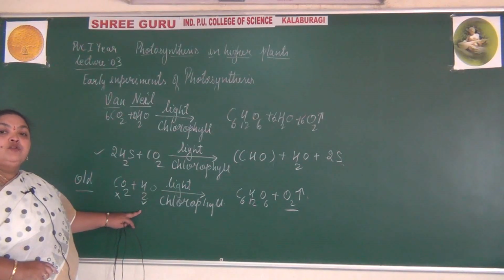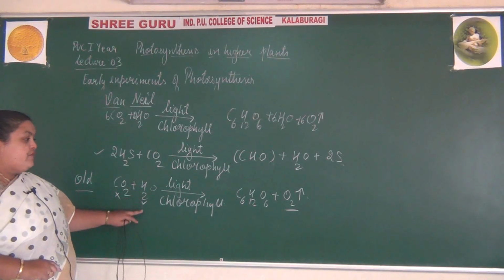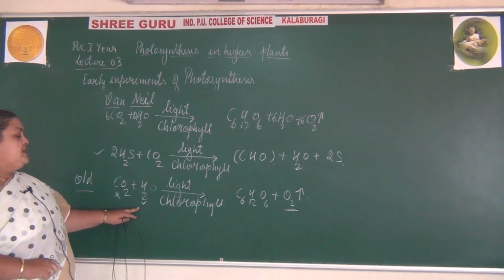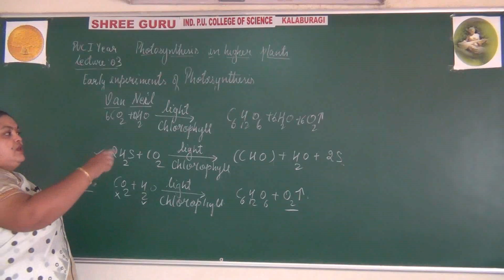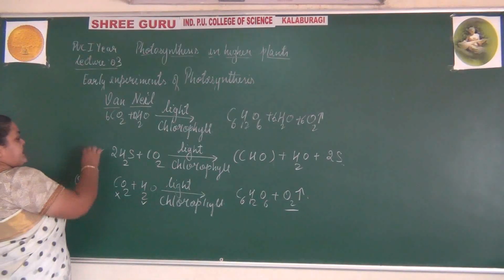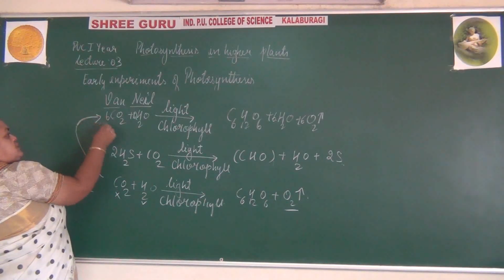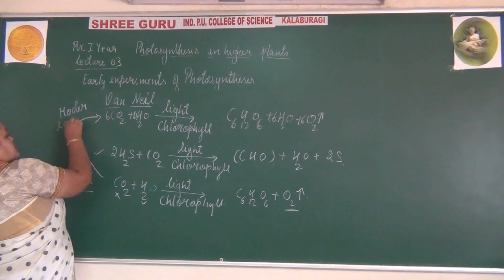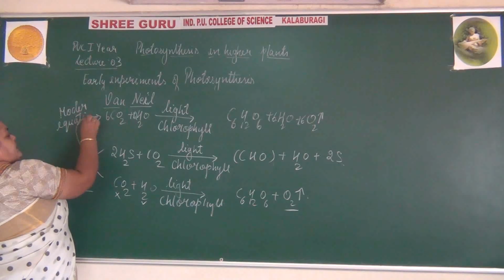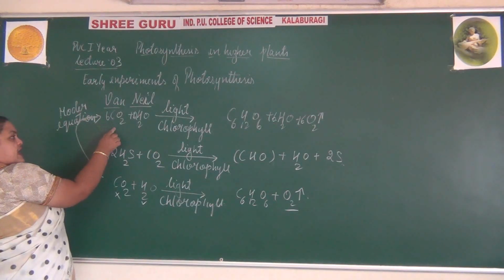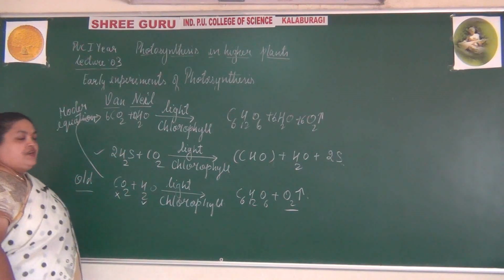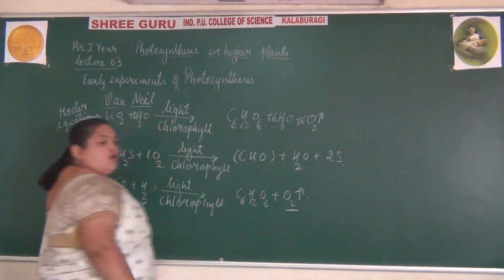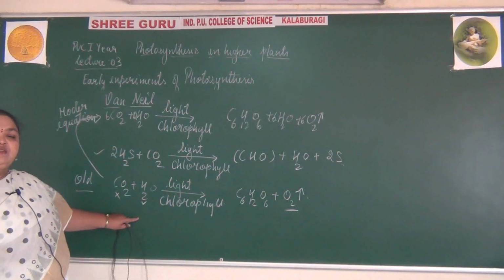The water molecule splits; it is the photolysis of water, when the light falls on the water, it splits to form the oxygen. Then this equation was changed into the modern equation, where carbon dioxide reacts with water and there is release of carbohydrates, water and oxygen. So it was changed.